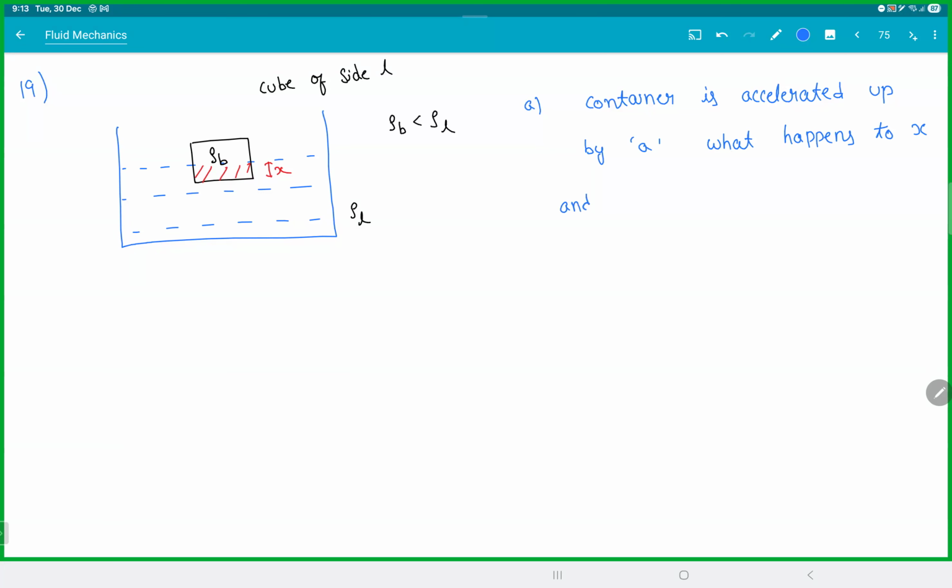And what happens to buoyant force? And what happens to force due to liquid? Increase, decrease, remain same. And what if the container is accelerated horizontally? Then what happens to X?